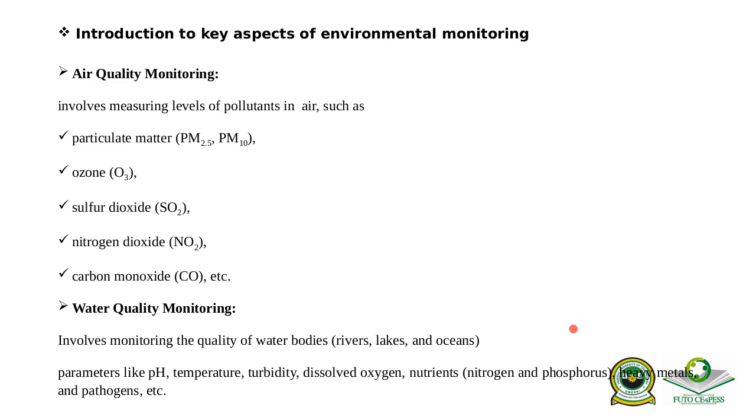There are so many others, but these are the very important ones: PM2.5, PM10, ozone, sulfur dioxide, NO2, and carbon monoxide. Sometimes methane may be included because methane is fingered for global warming, the greenhouse effect that it contributes. But in every routine air quality monitoring, you must not do without these parameters.